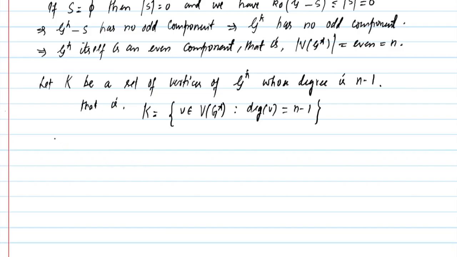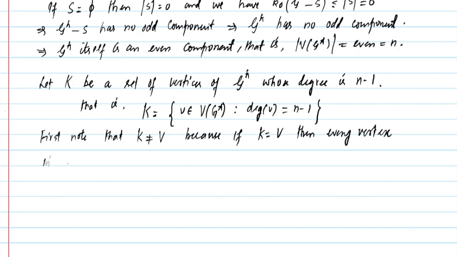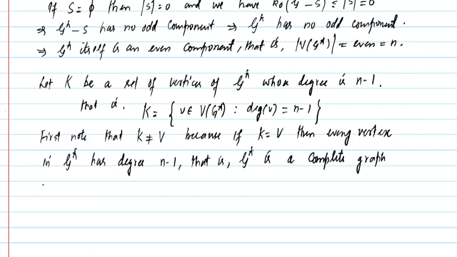So now consider the graph G minus K. Now at this stage we first note that this K is not equal to V, because if K is equal to V, then every vertex in G star has degree n minus 1, that is, G star is a complete graph of order n, where this n is an even integer.